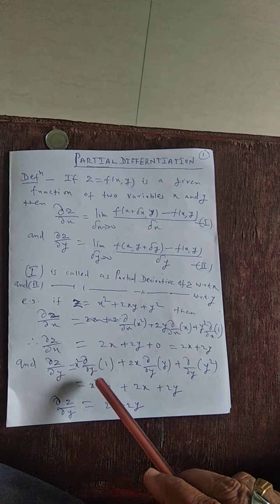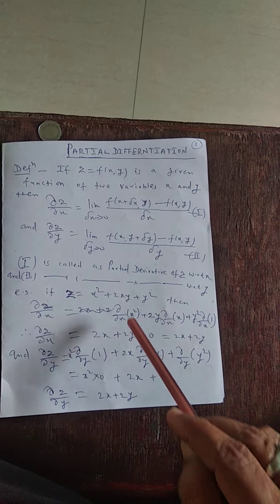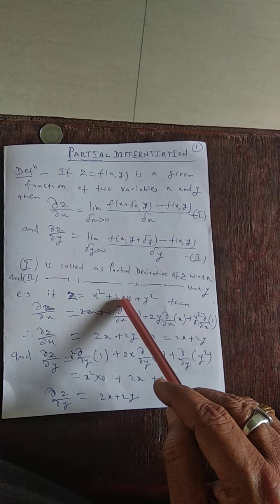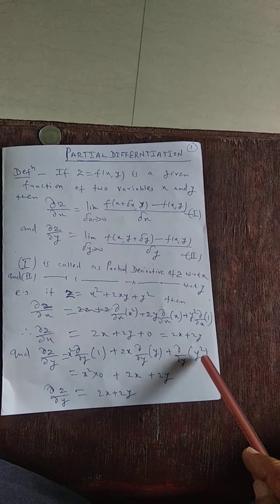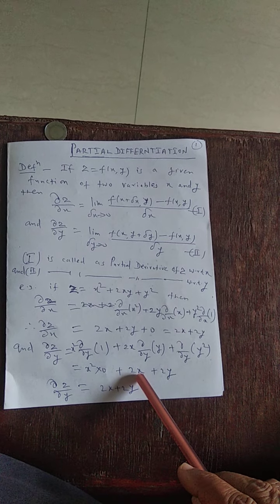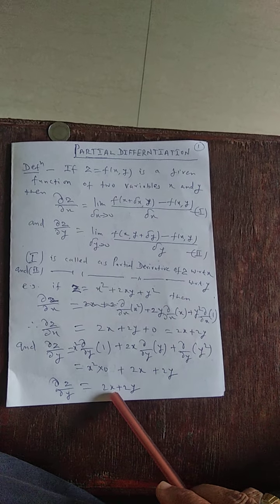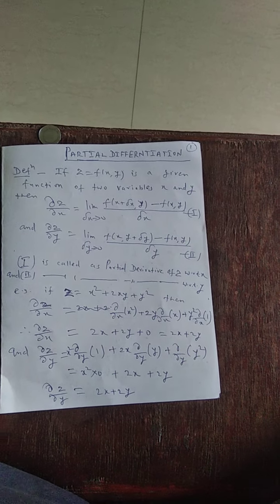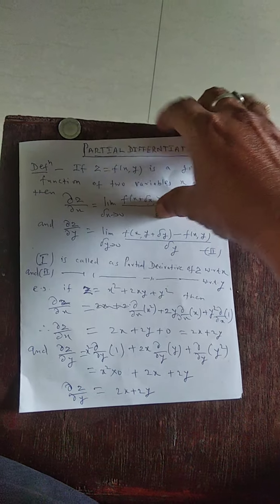So x square dou by dou y of 1 plus 2x dou by dou y of y, because 2 is constant and x is constant as far as y is concerned, plus dou by dou y of y square. So x square into 0 plus 2x into 1 plus 2y. So again the answer is 2x plus 2y. So here both the answers are the same.